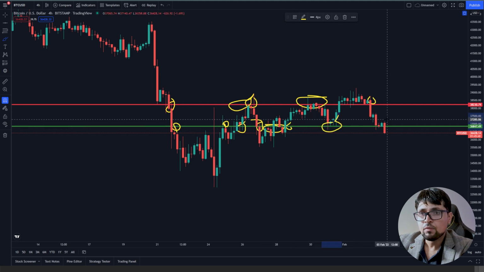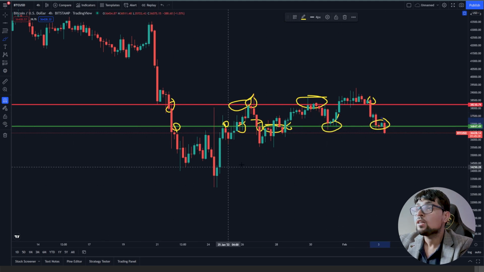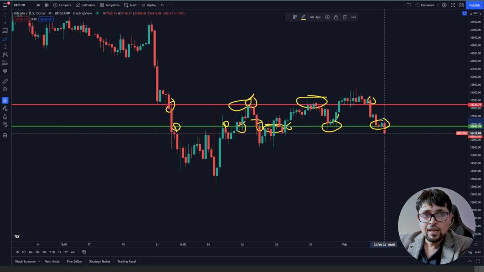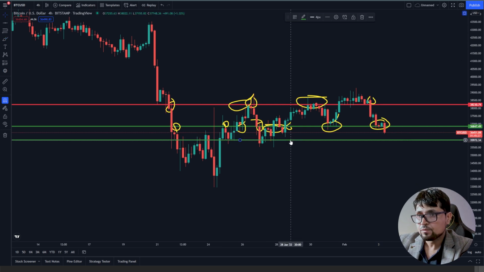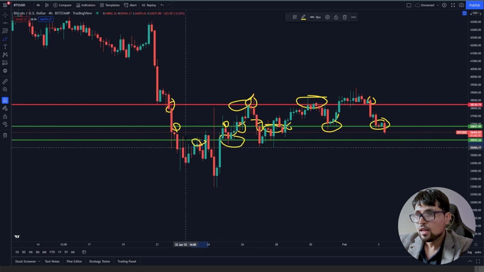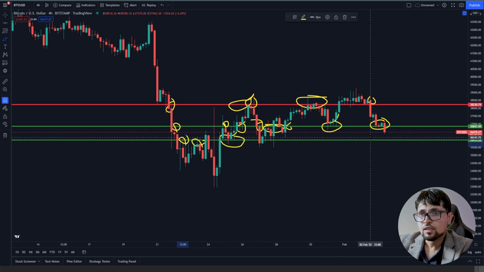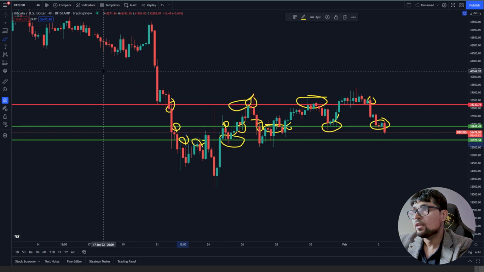See over here, there are multiple supports from the friend. In case it goes down, as you can see, it has gone down from this support. So what is your next support? You can see a lot of touches here, here and here. So this is your next support, around 35,900.